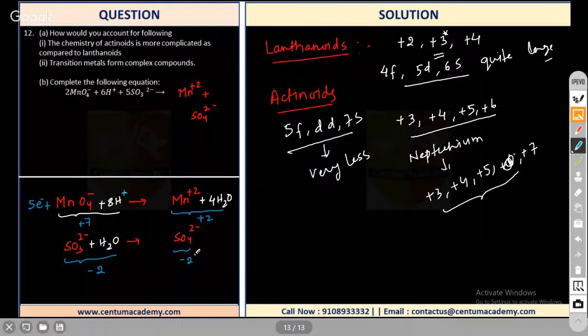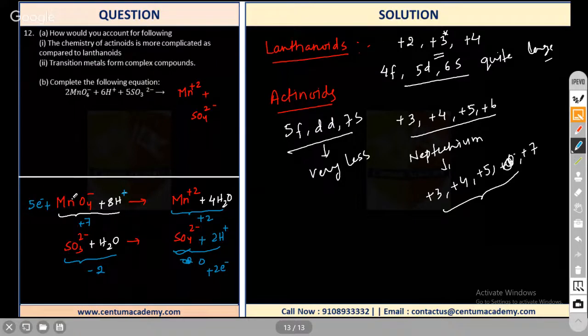Now one mistake I made here: 2H2O, to balance this hydrogen we'll add 2H plus here also. Correct? Now 2 negative charge here, and here it is 2 positive, 2 negative, 0. Total charge is 0 here. To make 2 negative, we have to add 2 electrons here. Now you see, I don't have a space here.